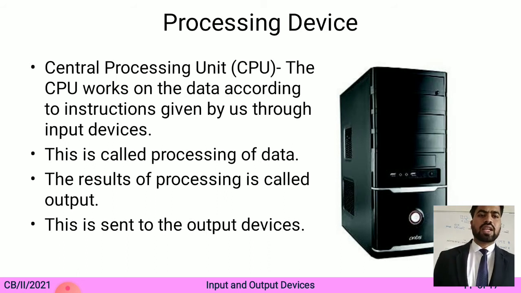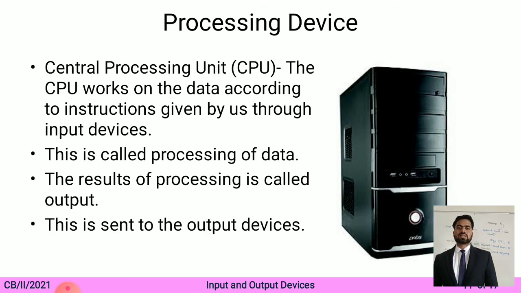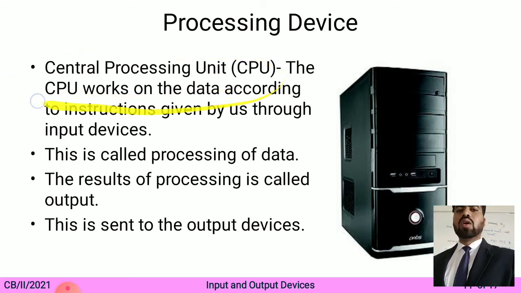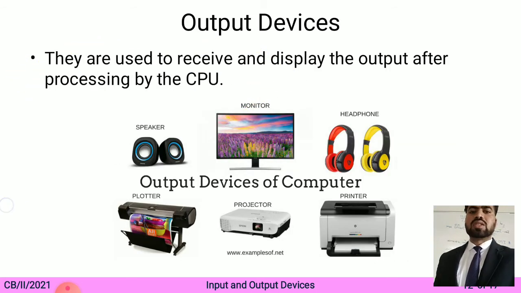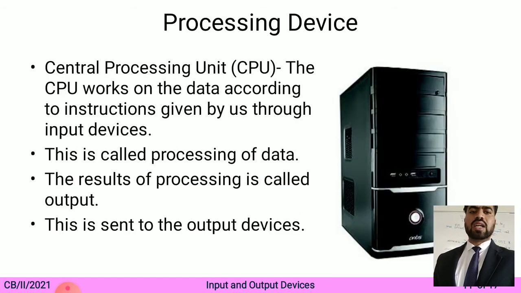The next important part is the processing device, the CPU, also called the central processing unit. This point should be noted, my dear kids, in your notebook very properly. CPU, central processing unit.